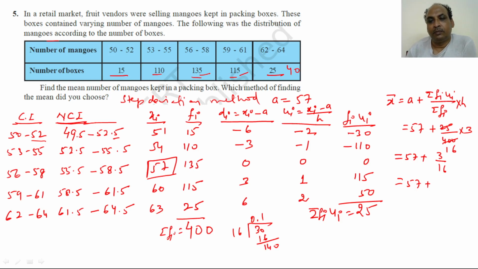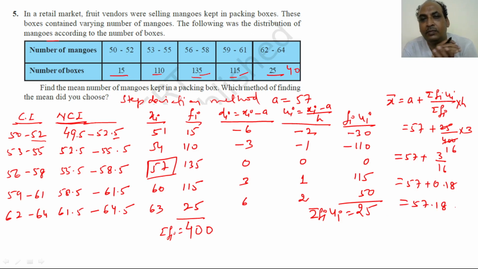Okay, and it will be giving us 8. So 0.18. So it has become 57.18. That is the mean.